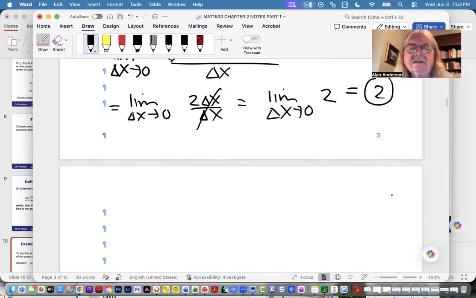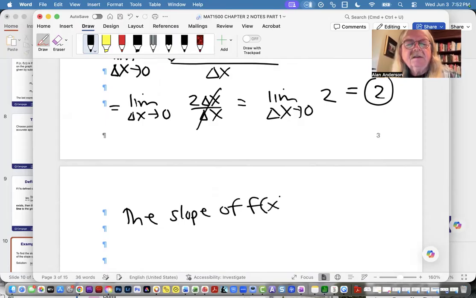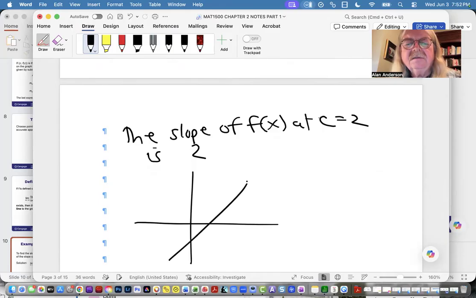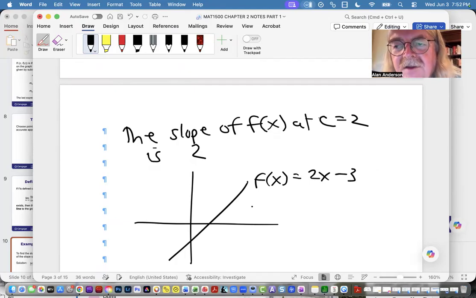Now, what that means is that the slope of f of x at c equals 2 is 2. Now, we already knew that because this is a straight line, and that means that the slope is a constant.